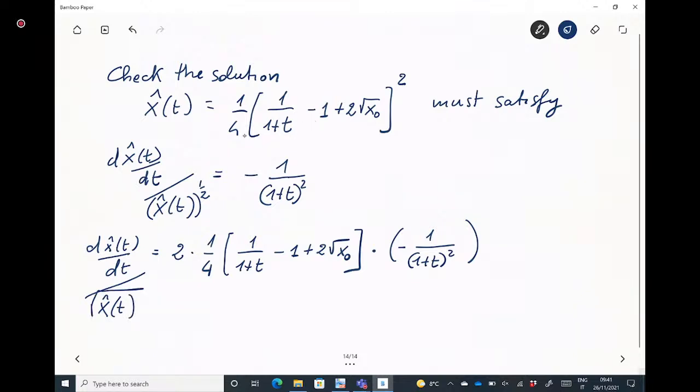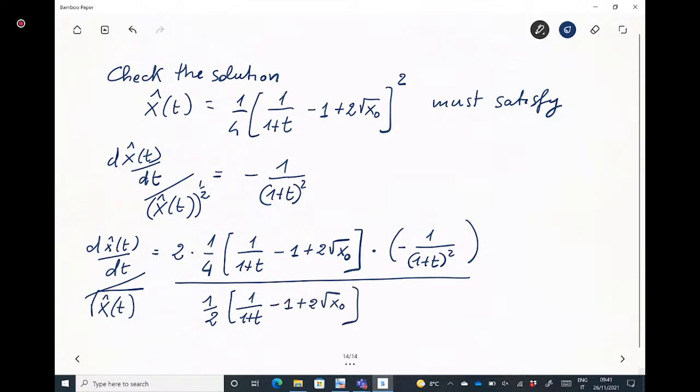Its square root is 1/2 times this without the square. Now, here, this becomes 2. So 1/2 disappears.